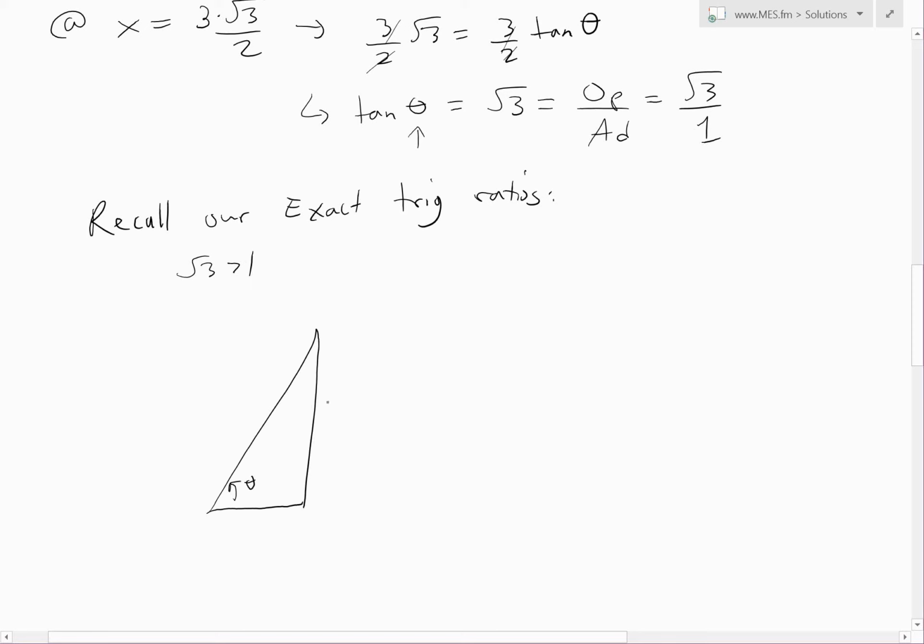What is this? Theta. This is going to be square root 3. This is 1. Now this part right here is going to be square root of 3 squared plus 1 squared. This equals 2. This is going to be 3 plus 1, so 4. This equals 2.